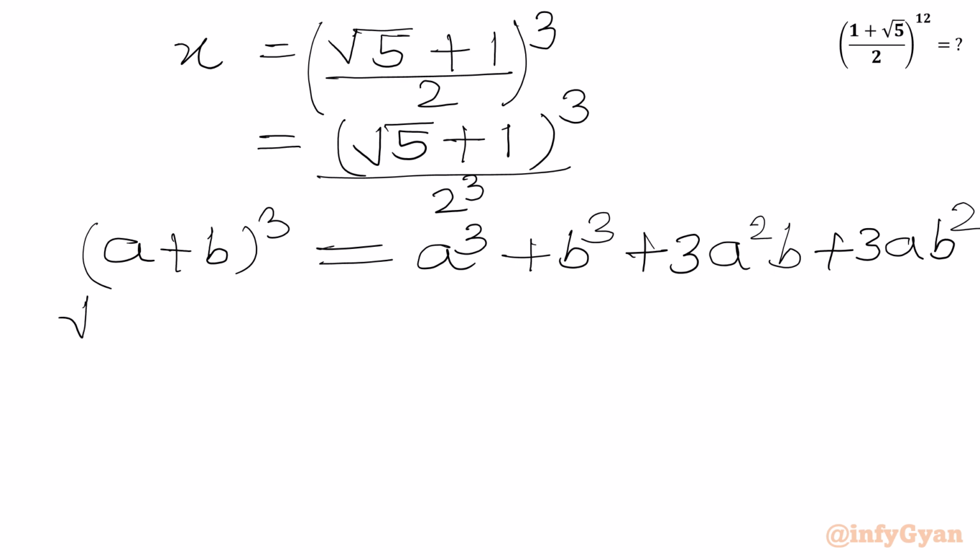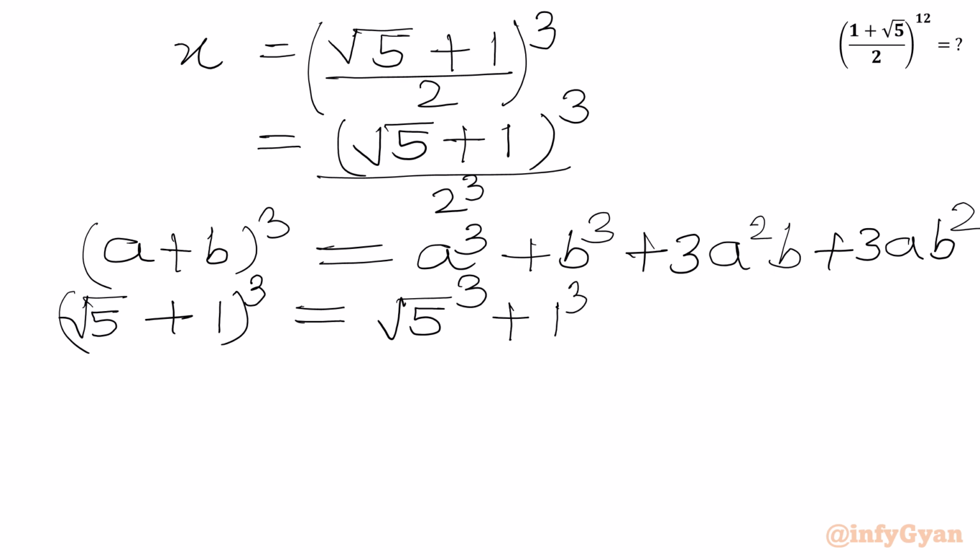So we will calculate (√5 + 1)^3. Using this formula, we will write (√5)^3 + 1^3 + 3 times (√5)^2 times 1 + 3 times √5 times 1^2.